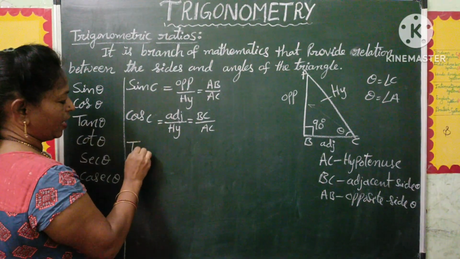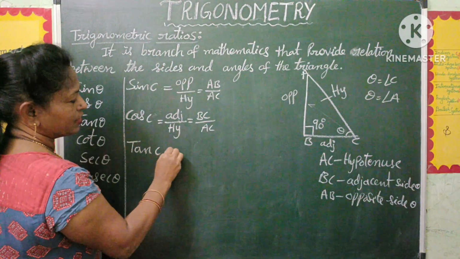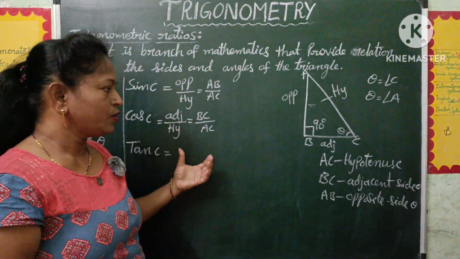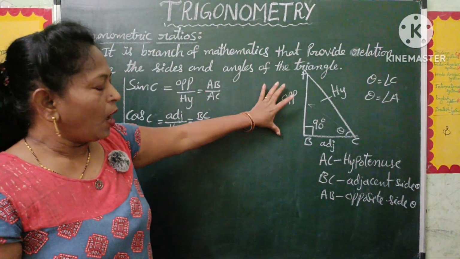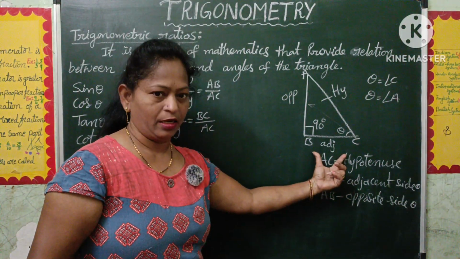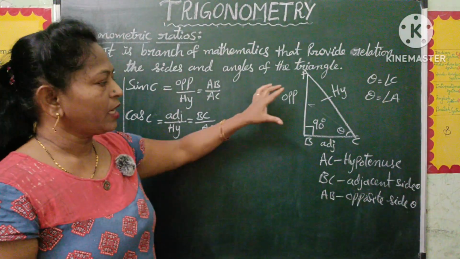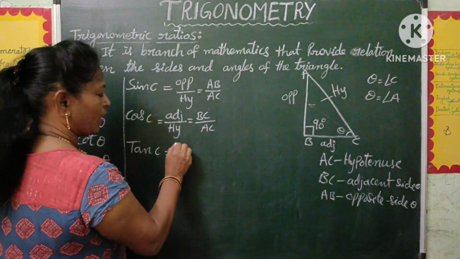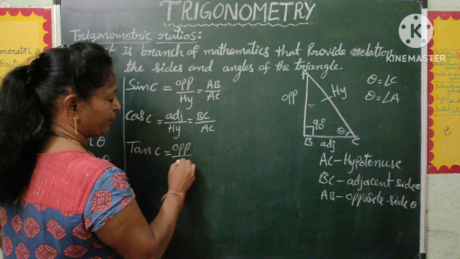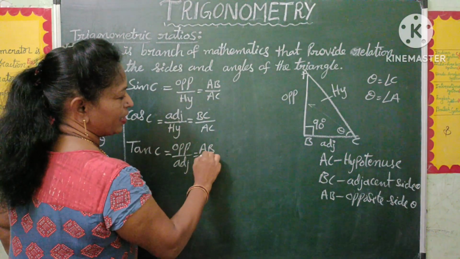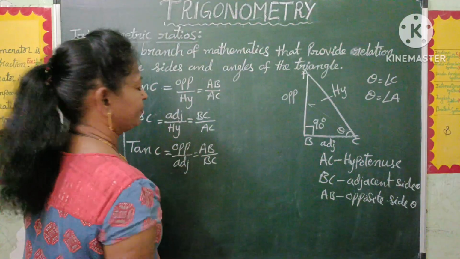Next one, tan C. Tan is actually sin theta by cos theta, and also side opposite theta by side adjacent theta. So opposite by adjacent, that is equal to AB by BC.